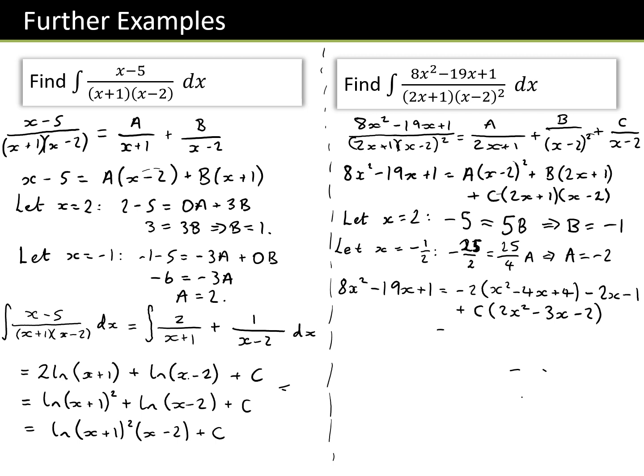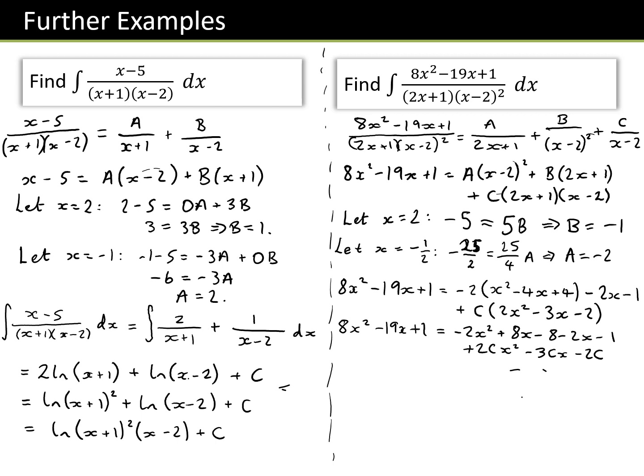Okay, so put that all out, so minus 2x squared plus 8x minus 8 minus 2x minus 1 plus 2Cx squared minus 3Cx minus 2C, and all of that's equal to 8x squared minus 19x plus 1.